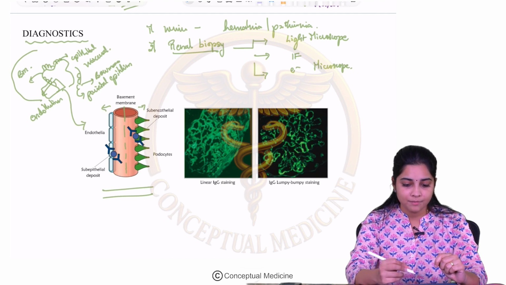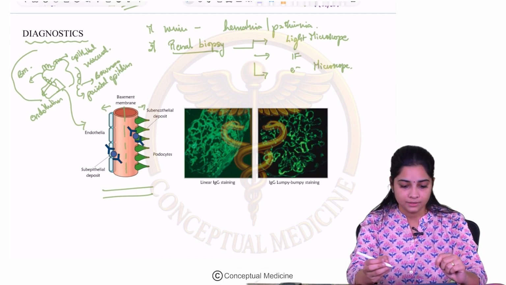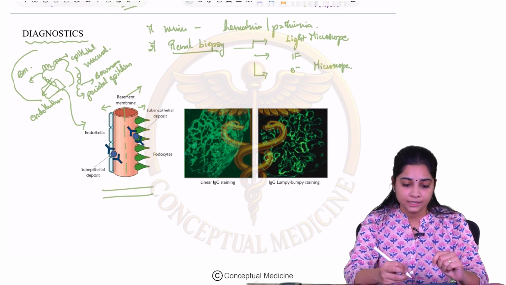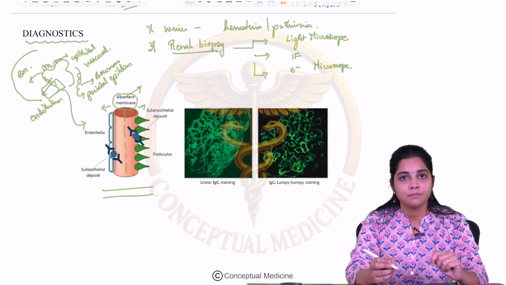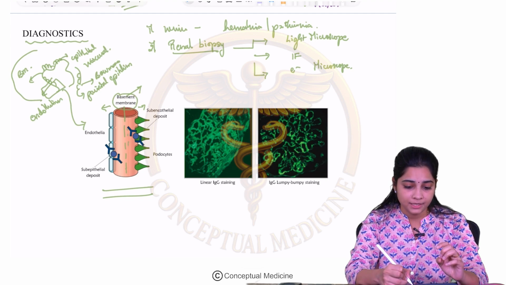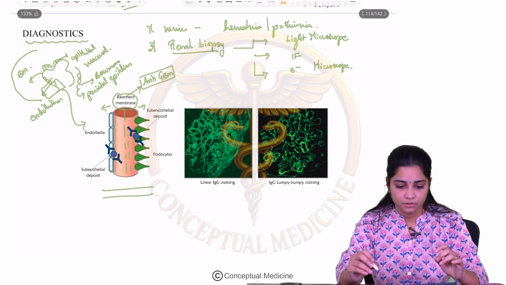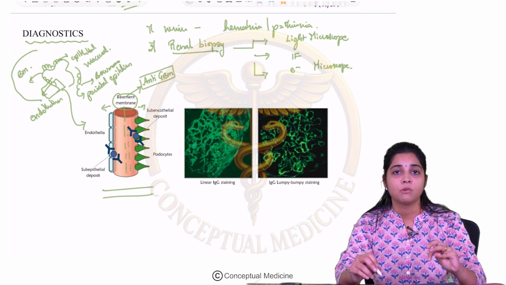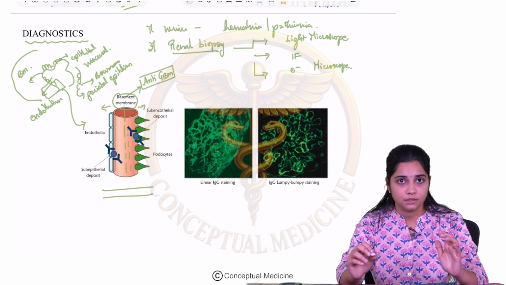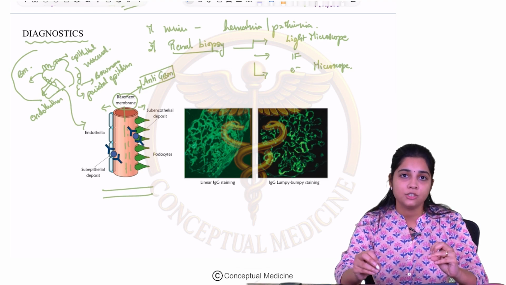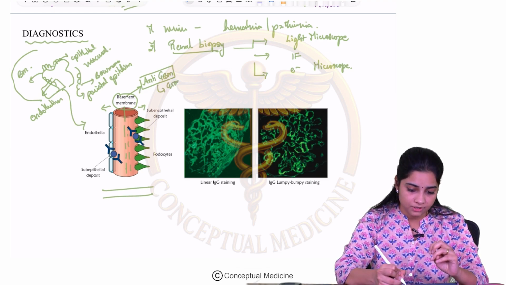So this is your basement membrane, endothelium and epithelium. If antibodies are formed against the basement membrane and get deposited on the basement membrane, you get your anti-GBM disease. So if there are antibodies developed against the glomerular basement membrane, they get deposited there and you find your anti-GBM syndromes like Goodpasture.